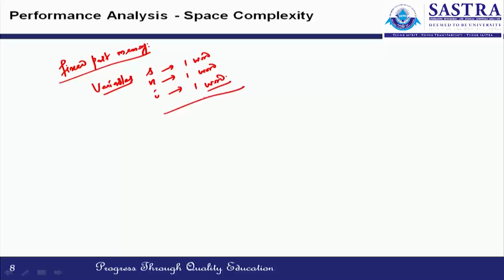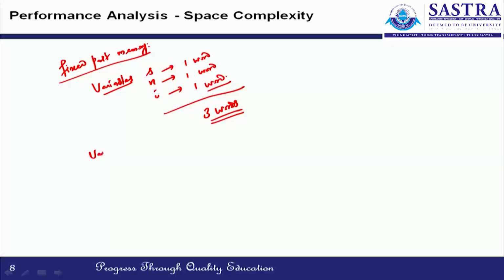So clearly these are fixed size component variables. These 3 variables require 3 words of memory. So at least 3 words of memory is required in the fixed part.